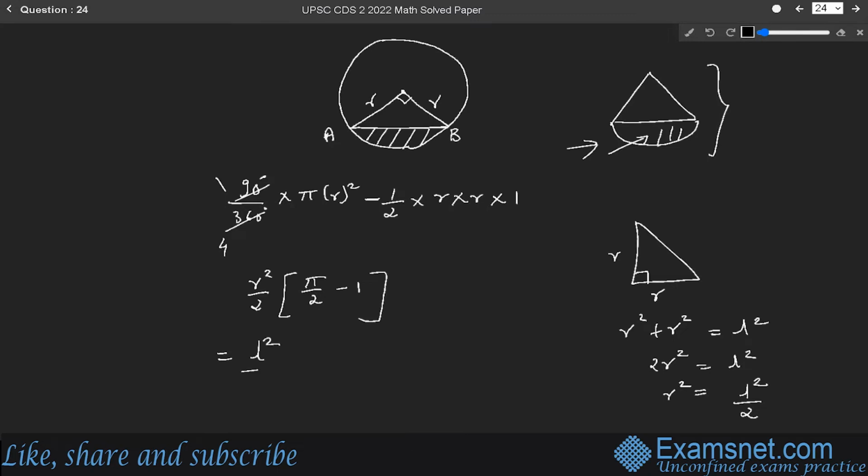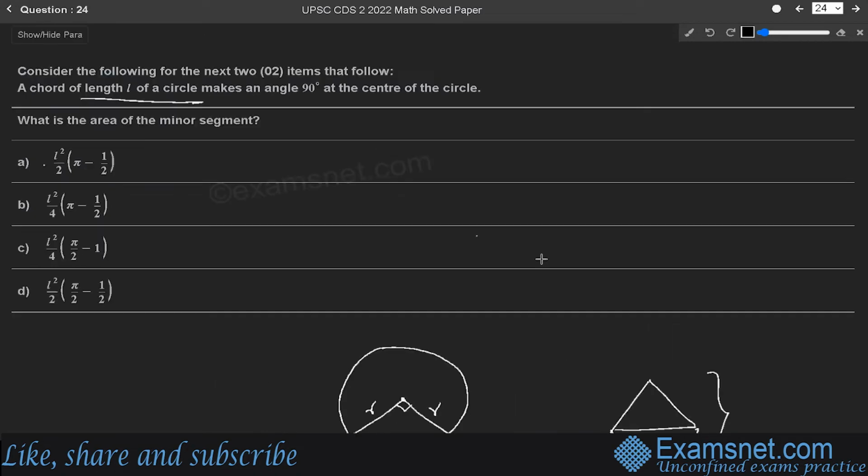So this will be L square by 2 into 2, and in bracket there is pi by 2 minus 1, which gives L square by 4 into pi by 2 minus 1. So this is the required area for the minor segment. I hope it is clear to you. From all the options, option number C is correct.